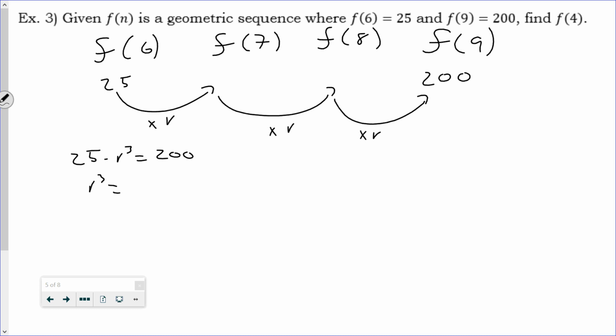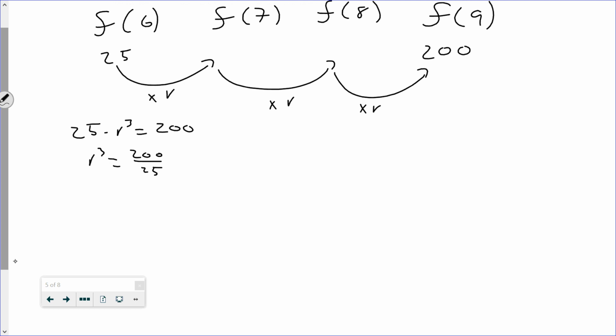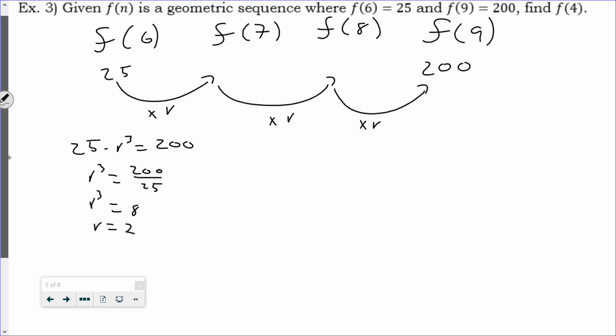Or r cubed equals 200 over 25, which is 8. Sorry, r cubed equals 8, so r is 2. There we go. Does that make sense? Everyone with me?